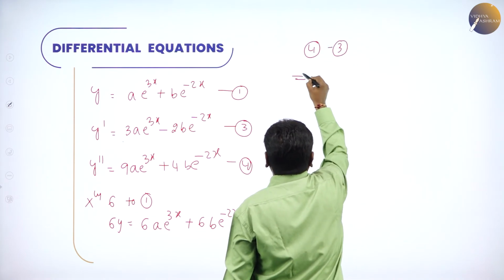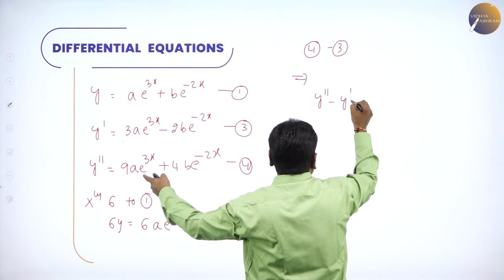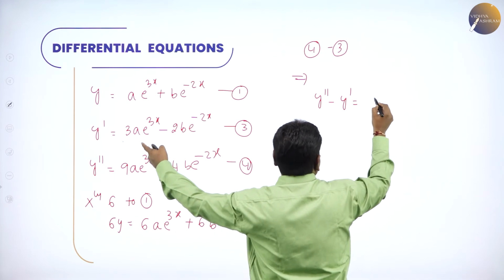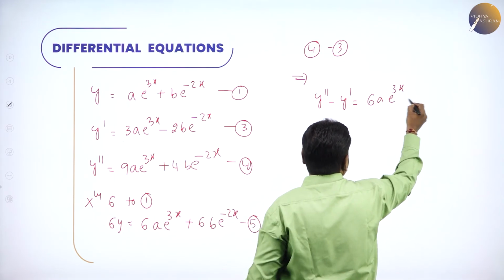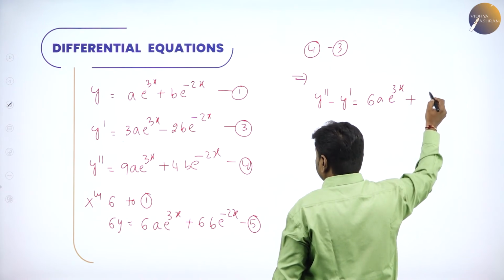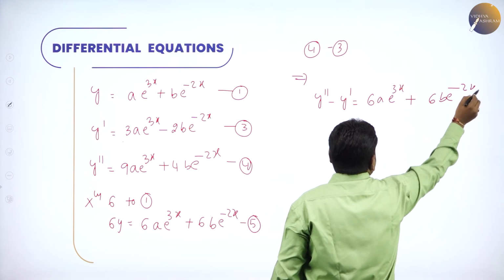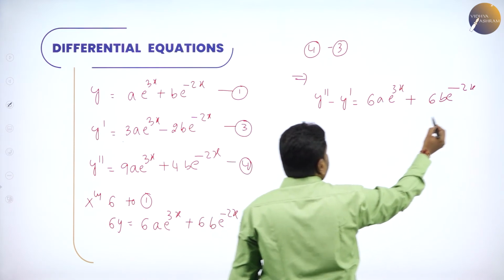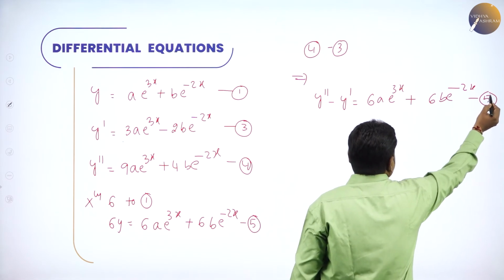LHS is y double dash minus y. RHS 9 minus 3, 6a e power 3x. So subtract 4 minus of minus 2, 4 plus 2, is again 6b e power minus 2x. Call this as equation 6.